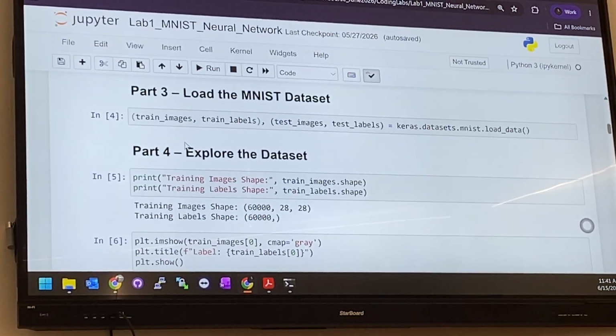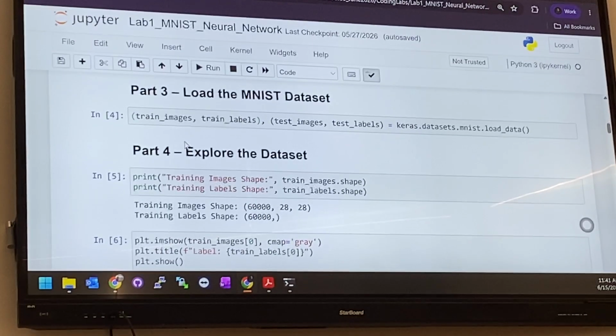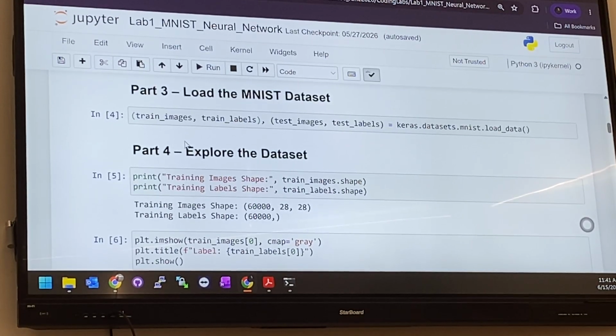So why is the first one, the train images, shaped with 60,000, and the other one, the labels, also 60,000? Because in the first we have the images, and the other is the number 0, 1, 2.